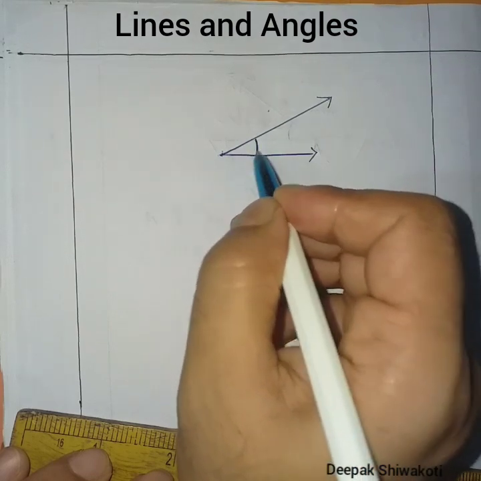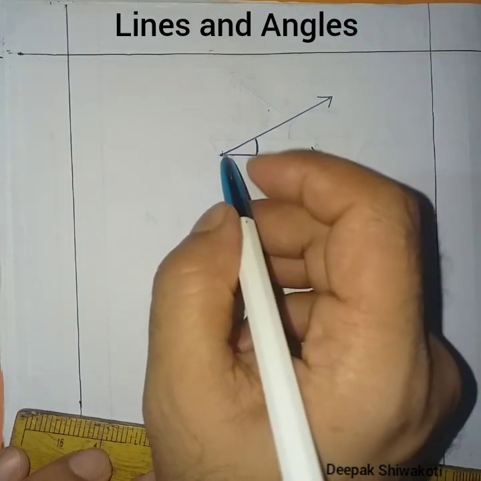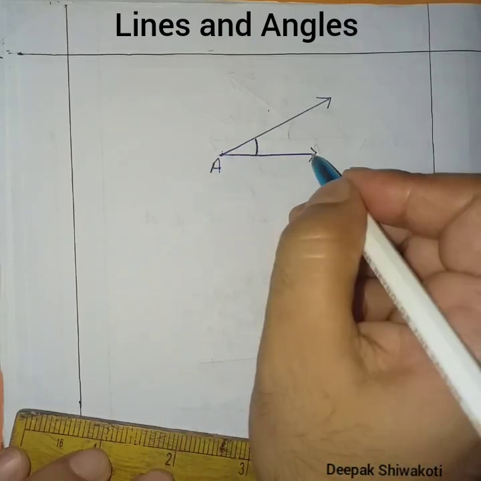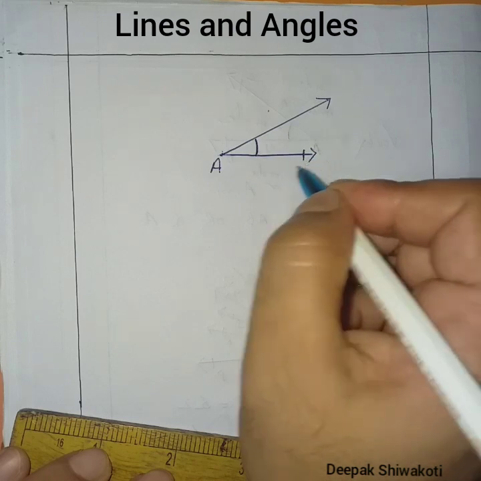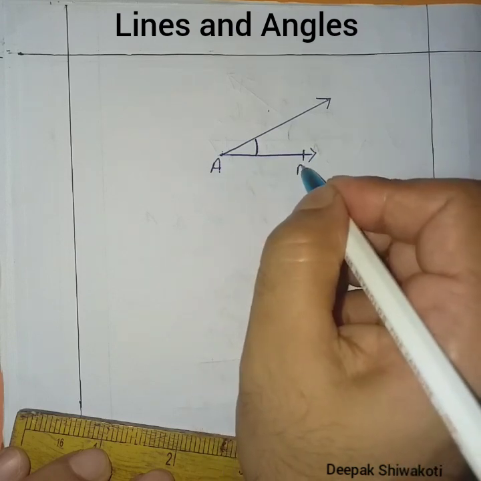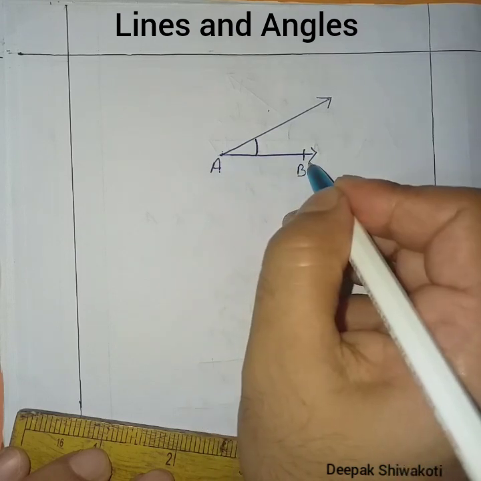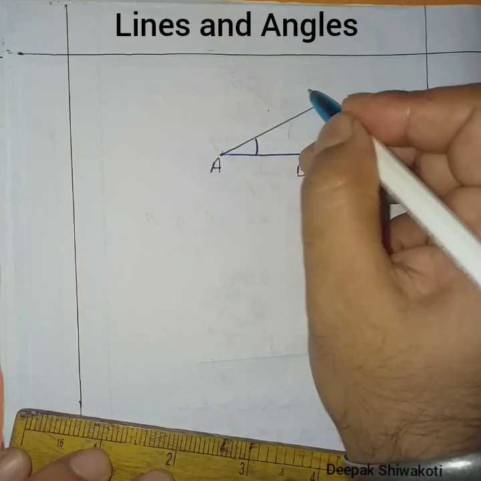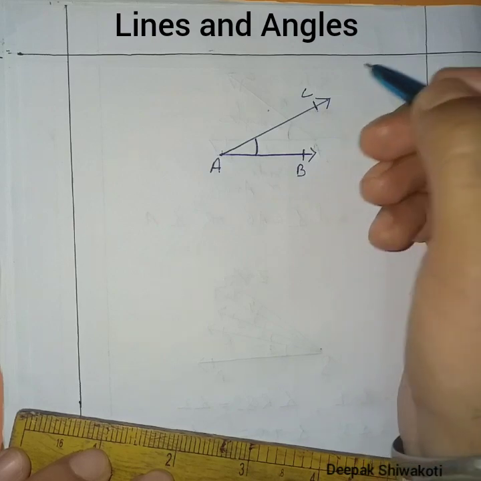Okay, suppose this common initial point is named A, and this ray is called AB, and this ray is called AC.